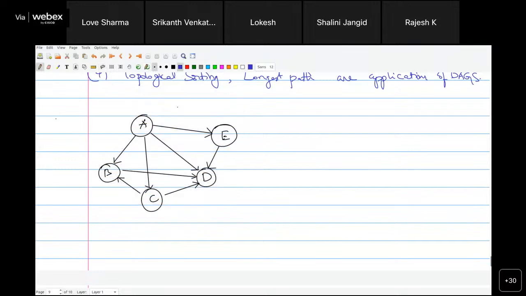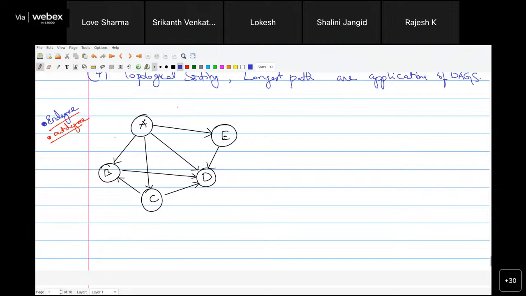Now I will denote in degree with blue and out degree with red. Let us check whether our facts are correct by computing in degrees and out degrees. Correct me if I am going wrong.